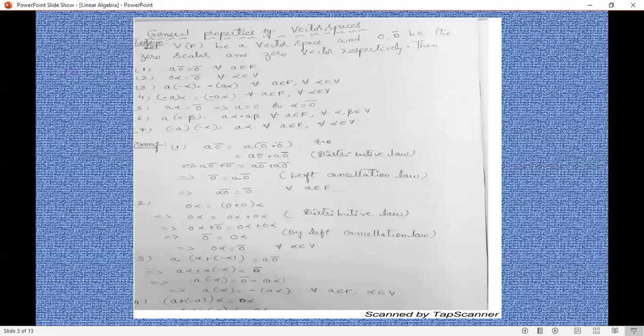This implies a·(minus alpha) = 0 bar minus a alpha, so a·(minus alpha) = minus a alpha for all a belongs to F, alpha belongs to V. Next, the fourth one: what we have to prove? (minus a)·alpha = minus a alpha. Similarly, we can prove this in the above way.